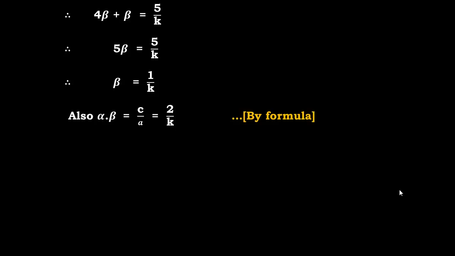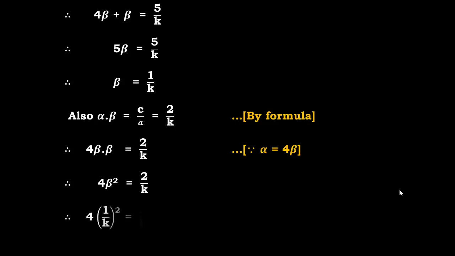Now alpha into beta, c upon a, is equal to 2 upon k. This is by formula. You can substitute the value of alpha. Alpha is equal to 4 beta, into beta, is equal to 2 upon k. That means 4 beta square is equal to 2 upon k, and we know that beta is equal to 1 upon k. So 1 upon k the whole square, 1 upon k square, is equal to 2 upon k.